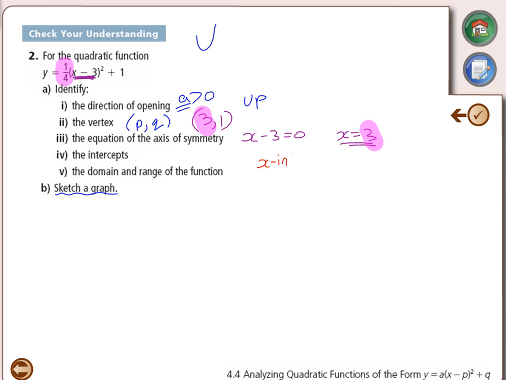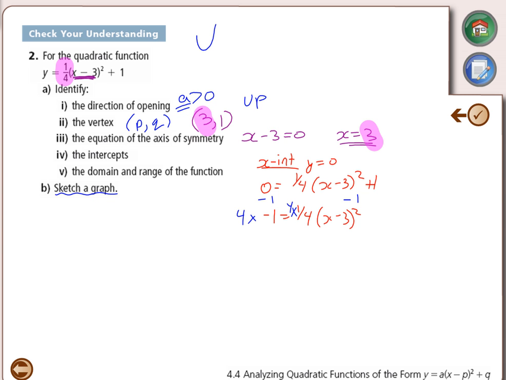Intercepts. X-intercept is when y equals 0. So we just plug in 0 equals 1/4 x minus 3 squared plus 1. And just start solving for the x. Don't expand it. Just start taking it across. Subtract 1. We've got negative 1 equals 1/4 x minus 3 squared. And the next one, multiply by 4.